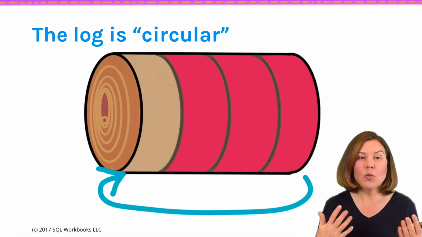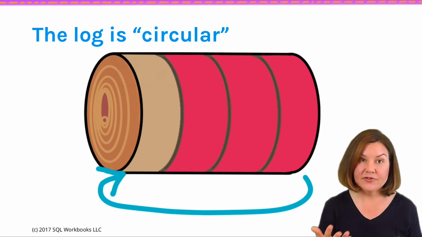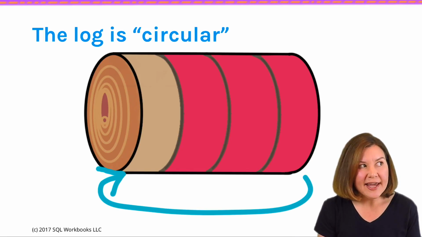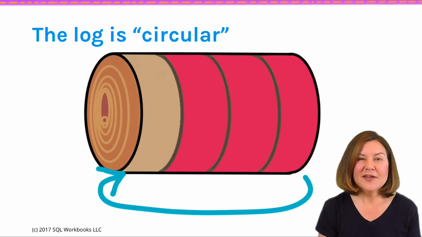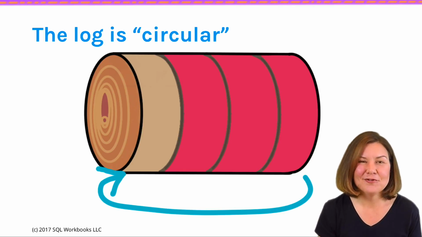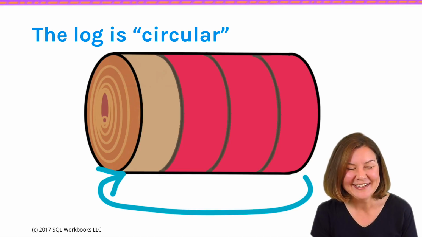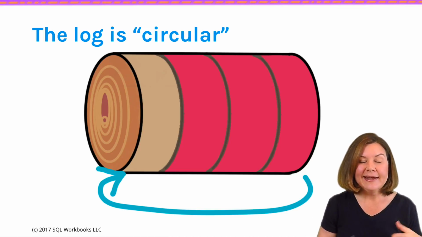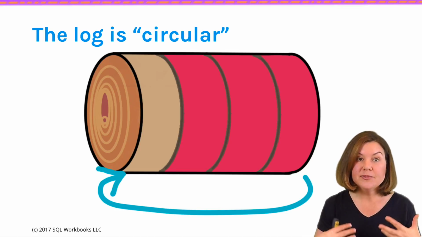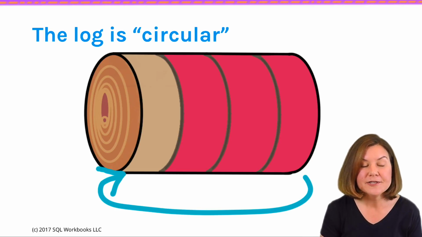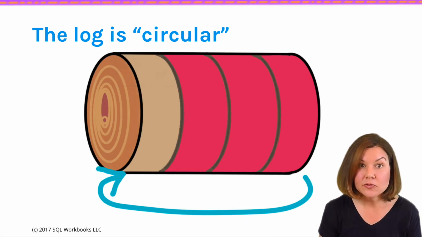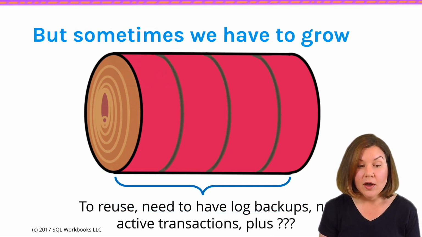This is part of why the log file doesn't always have to grow, because the log file is circular. As long as we are committing our transactions frequently, if not immediately, as long as we don't have super long running transactions, and we're doing log backups if our recovery model requires it, the virtual log files can be reused and the log doesn't have to grow.